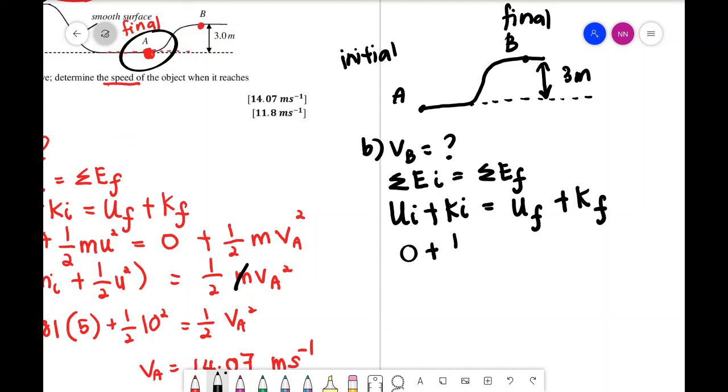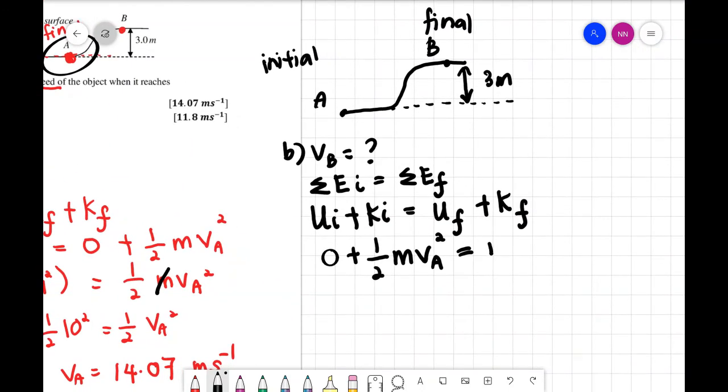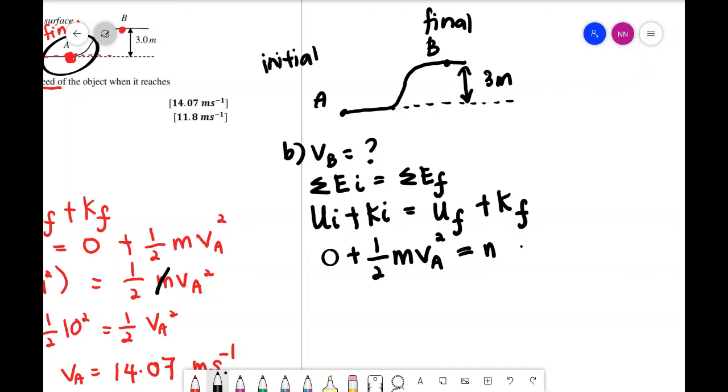Kinetic energy is half U squared, where U is the speed at point A, and that equals U final, which is mg h at point B, and then kinetic energy final is half VB squared.